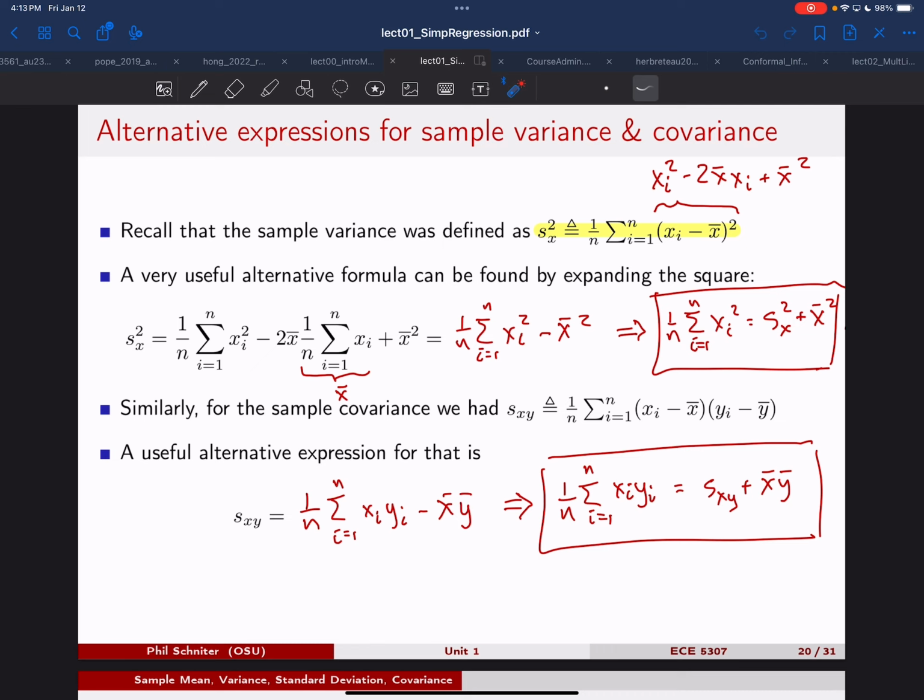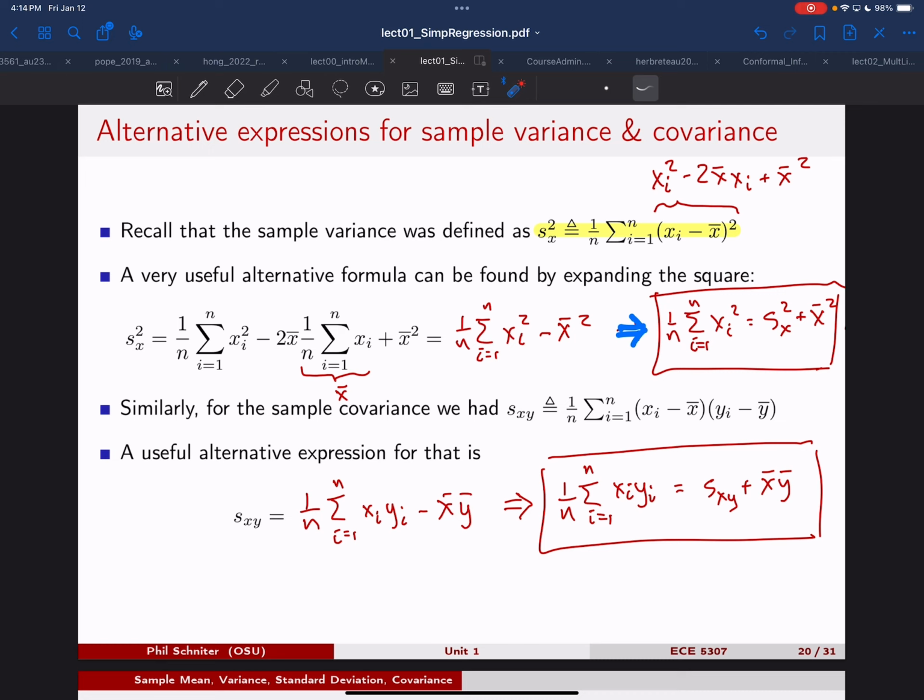I just want to clarify one thing because there were a couple questions at the end of the lecture last time. We derived that the variance is equal to this. Then I moved this to the other side of the equation, and that led to this. The arrow implies this; it is not an equal sign. It's implying this new equality.